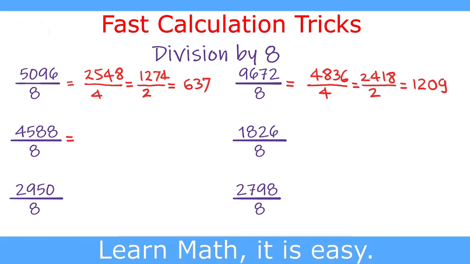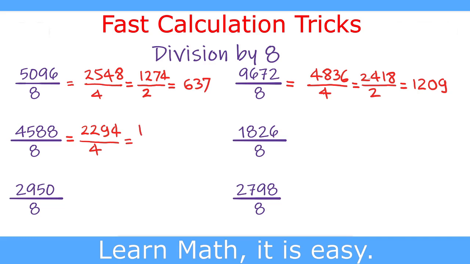We go to the next question, 4588 divided by 8. Half of 4500 is 2250 and half of 88 is 44. 50 plus 44 is 94. So this becomes 2294 divided by 4. Now we further half 2294. Half of 22 is 11 and half of 94 is 47.